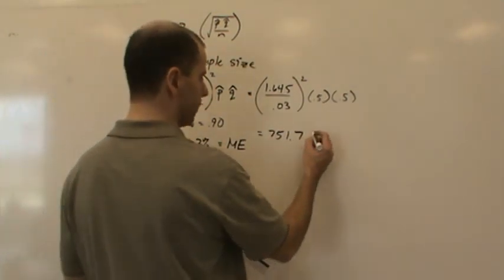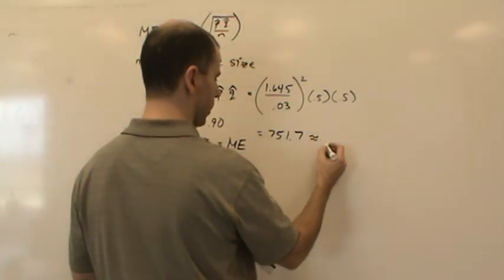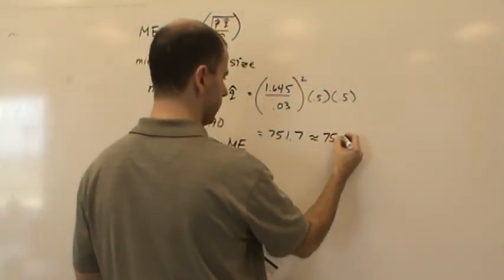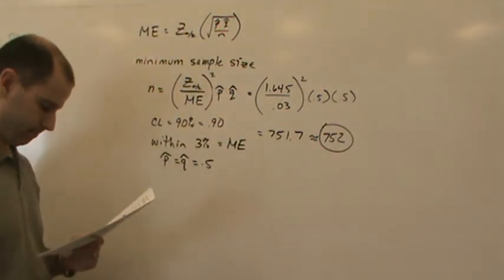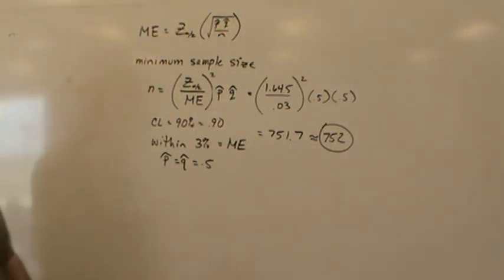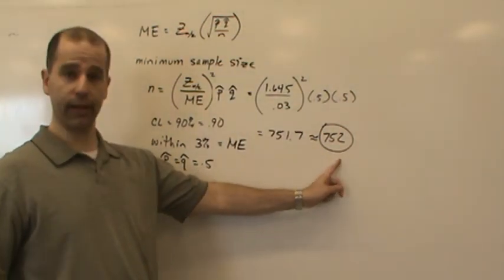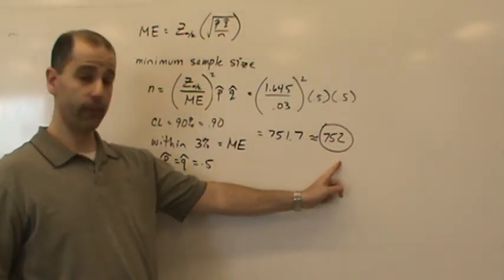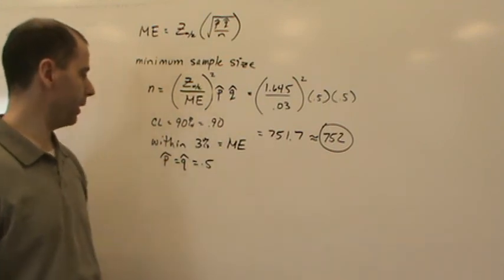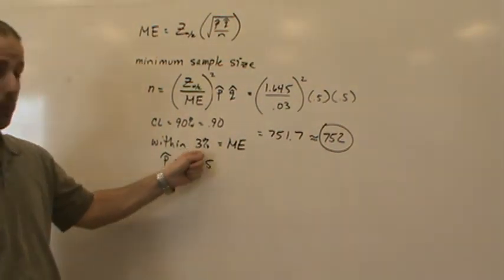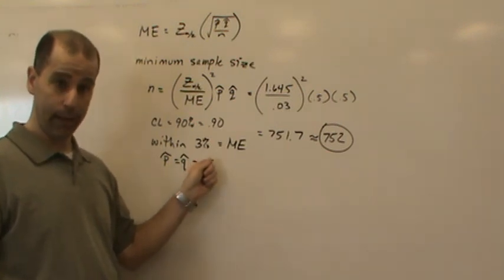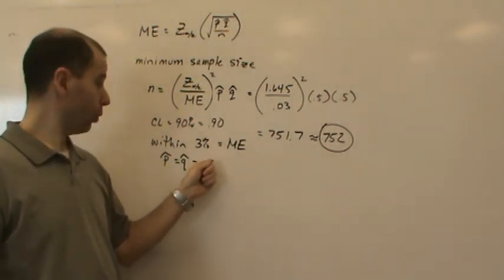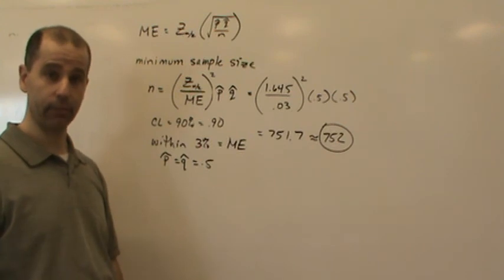So the minimum sample size in this case is going to be 752 people. And that's what we need to have. If we make sure that we survey at least 752 people, then that will guarantee that we will be no bigger than 3% away from the true value of the parameter p with 90% confidence.